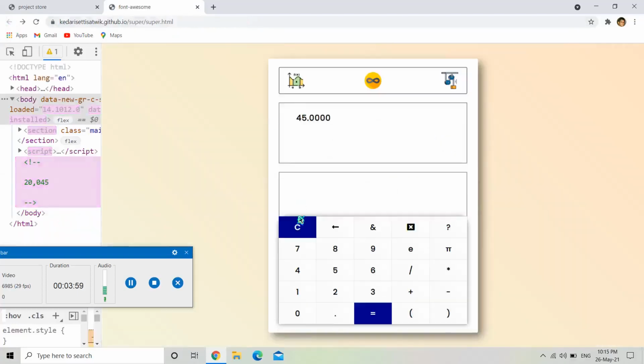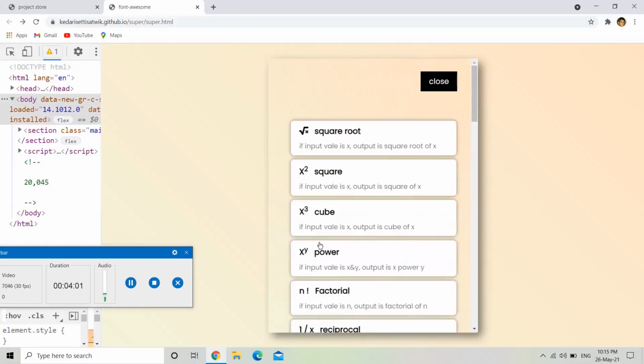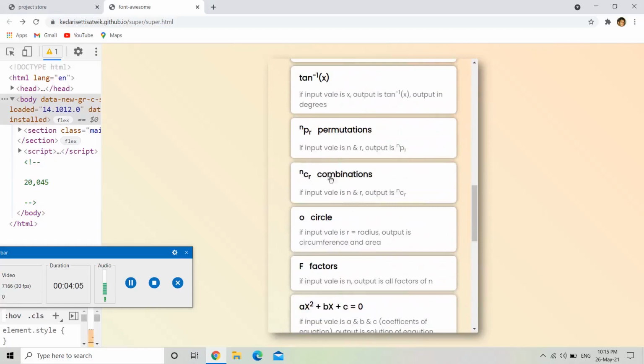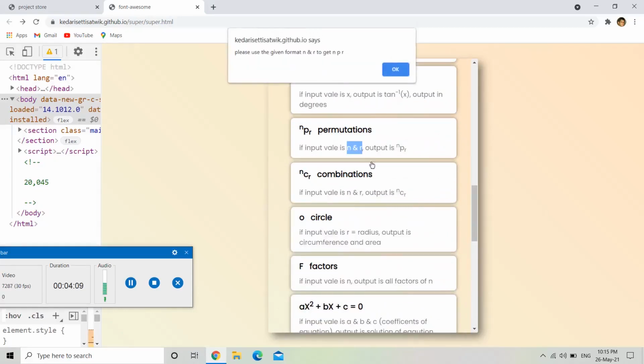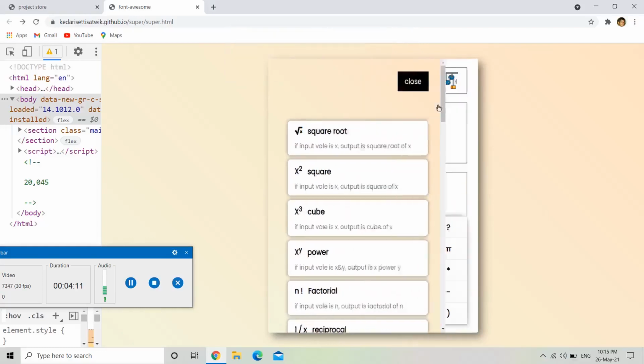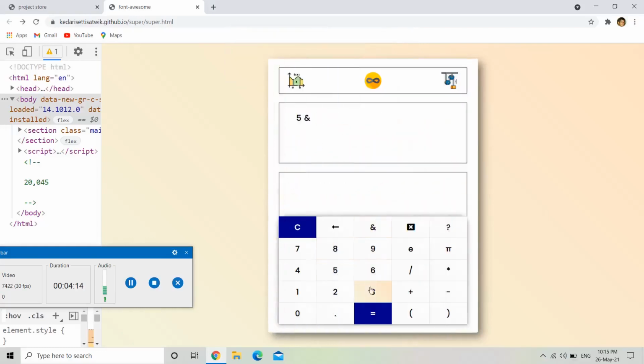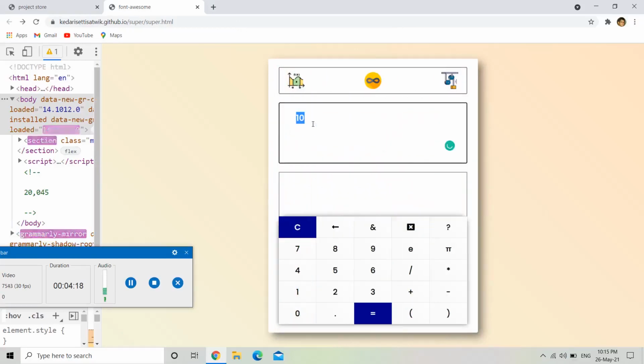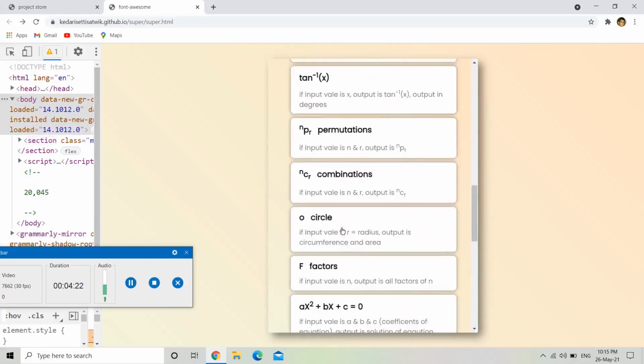Now let's see what's more special. NPR and NCR are also common, but we should write as N and R. If 5 and 3, if we click on NCR we will get 10. Okay, now let's see some other things.